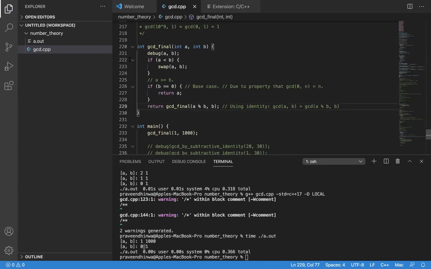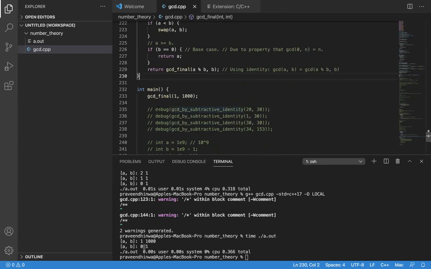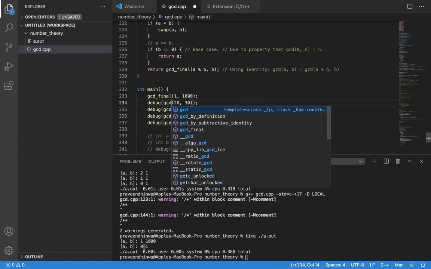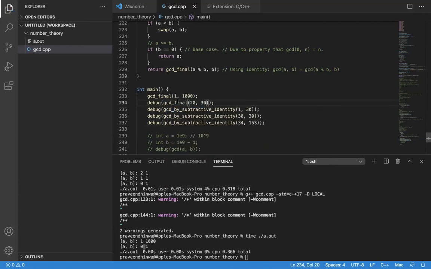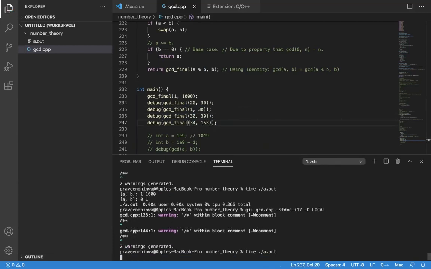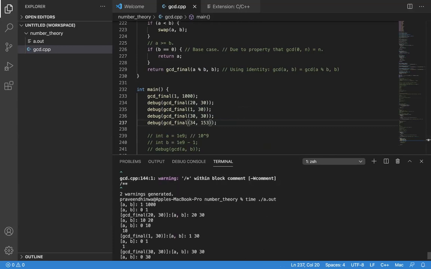Fine. So let's try some more examples and see whether it gives the right output or not. So instead of this, I have to call GCD final each time.